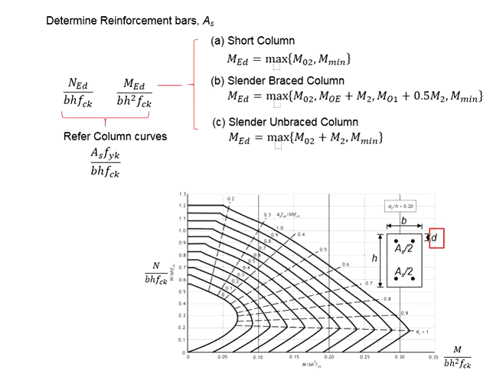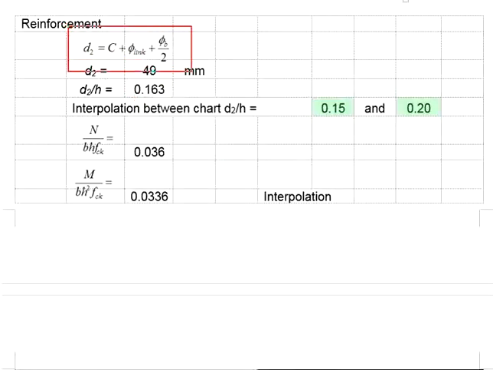d2 is referring to the distance from the column surface to the center of the reinforcement bar. It is calculated by having the concrete cover plus the shear link and plus half of the bar size, as indicated in the equation here.